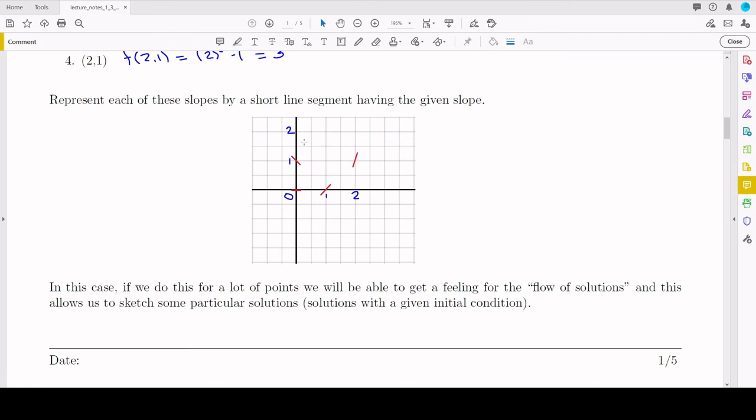If you have a lot of these points with a lot of these markers, we will be able to get a feeling for the flow of solutions, and this allows us to sketch approximations of some particular solutions, so solutions with a given initial condition.